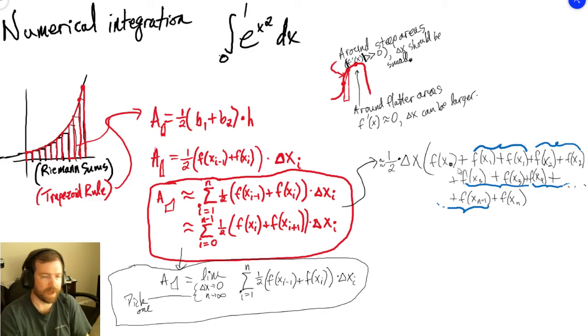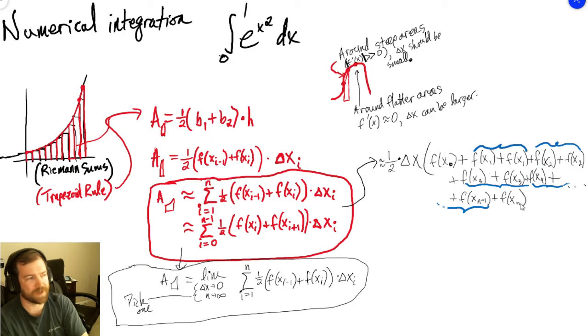Okay, let's just go with that. f of x sub 0 and f of x sub n are the only two terms which have one of them. Every other one comes in a pair, so there are going to be 2 of all the rest of the terms, which means that this area can be approximated.